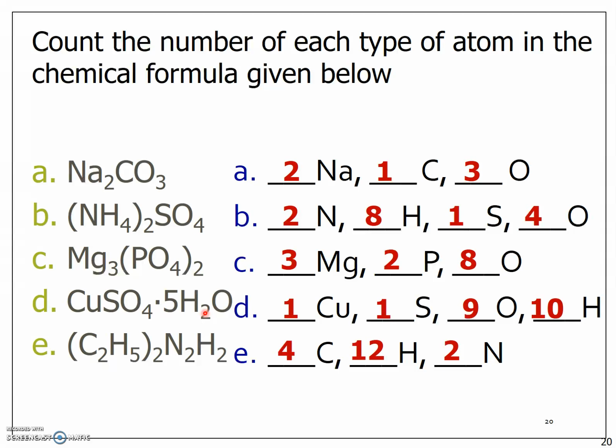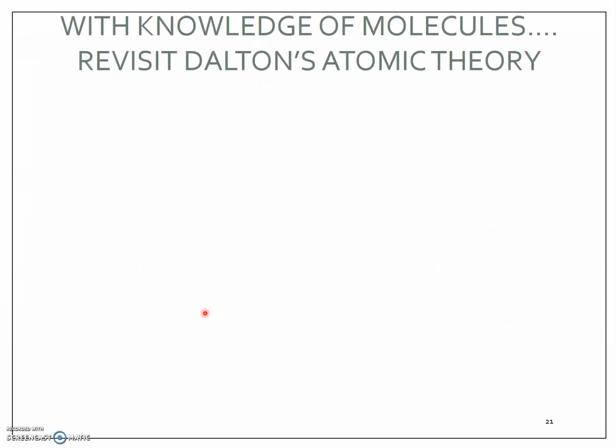So now we know how to draw and how to write chemical compounds. But what does this tell us about what we've learned before, about what we know about atoms? Remember, we went through Dalton's atomic theory.